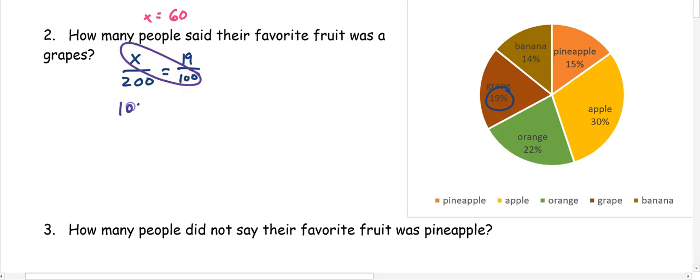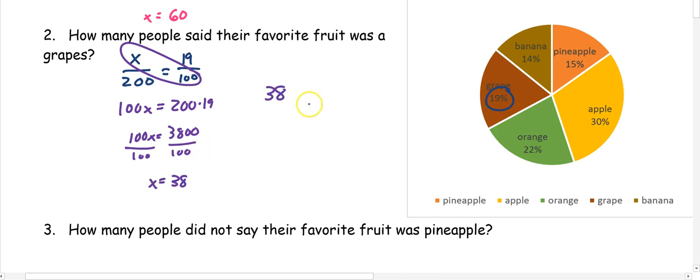So we have 100 times x, which is 100x, equals 200 times 19. So we get 100x equals 3,800. And when we divide by 100, we get that x is 38. So 38 people said that grapes were their favorite fruit.